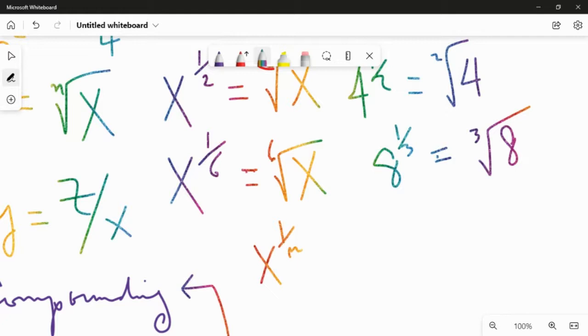Third root, not square root. Think about it. Square means 2 times 2, literally a square. If you have x here, that's x squared. The area is x squared. That's why we say square feet or square, whatever.